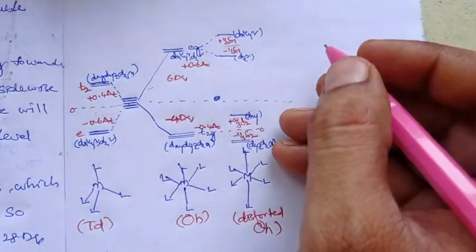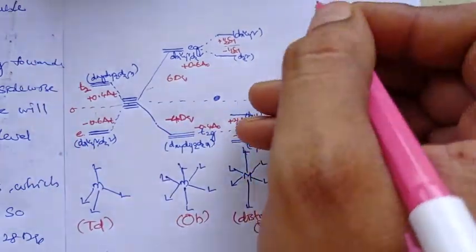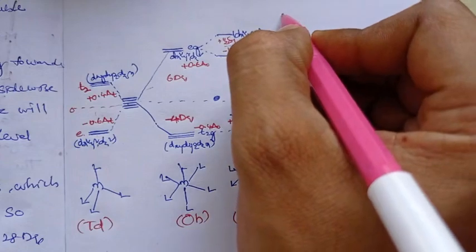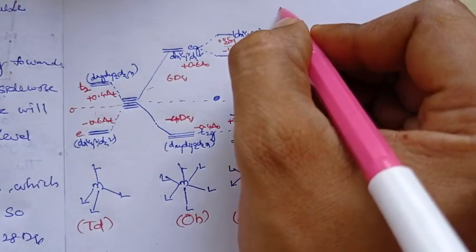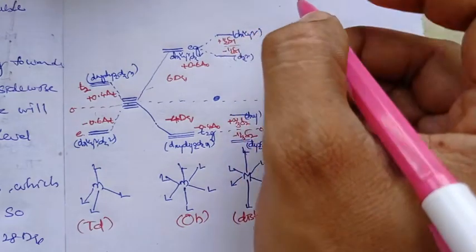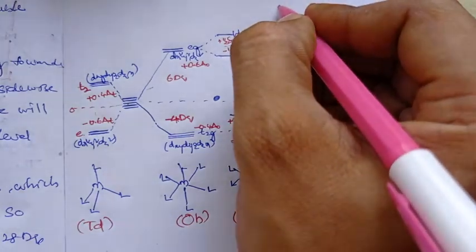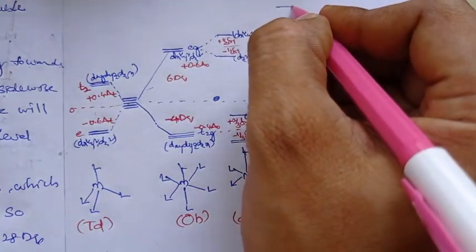Next I will express the square planar complex, which also has four energy states.